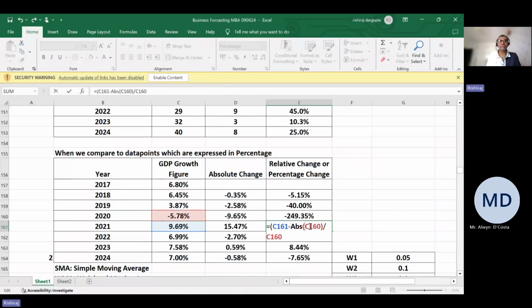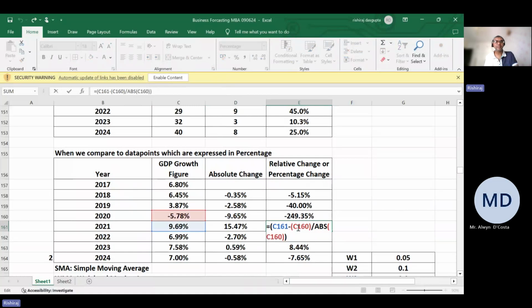But here we have to take the absolute value as the denominator. Otherwise, it will give a negative answer. So this is plus 109%.